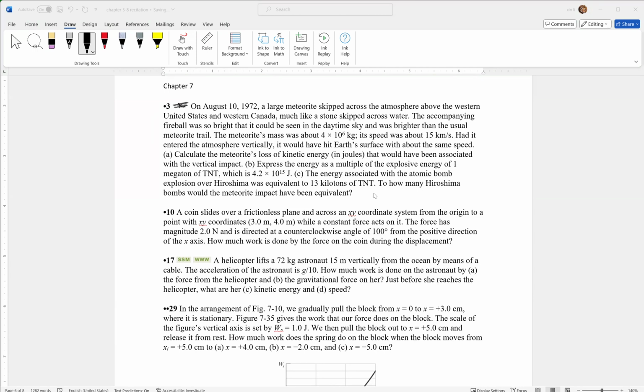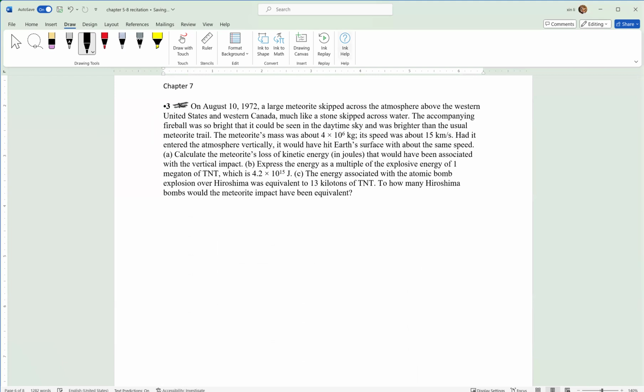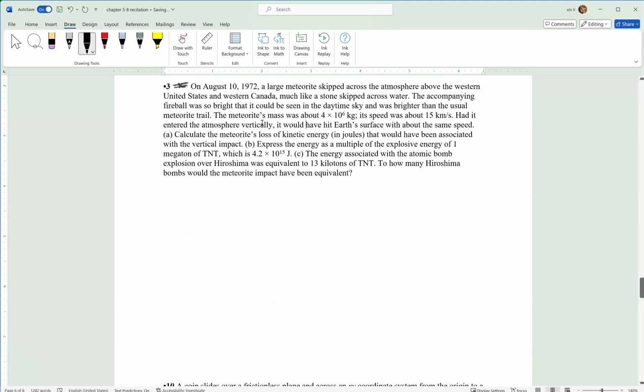You are going to calculate the kinetic energy and compare to a TNT. You can read the problem by yourself. The meteorite has this amount of mass and this amount of speed. So we are going to calculate the loss of energy in joules when the meteorite hits the earth.